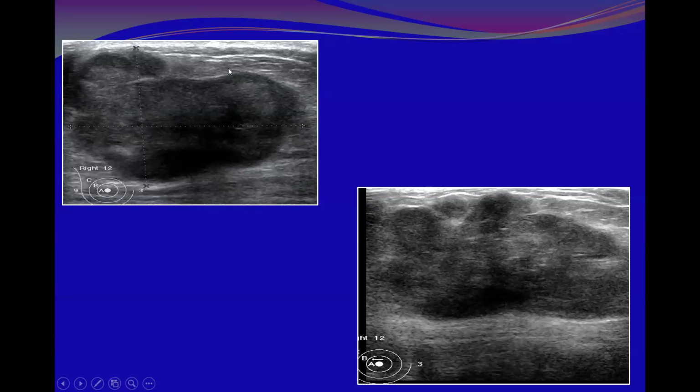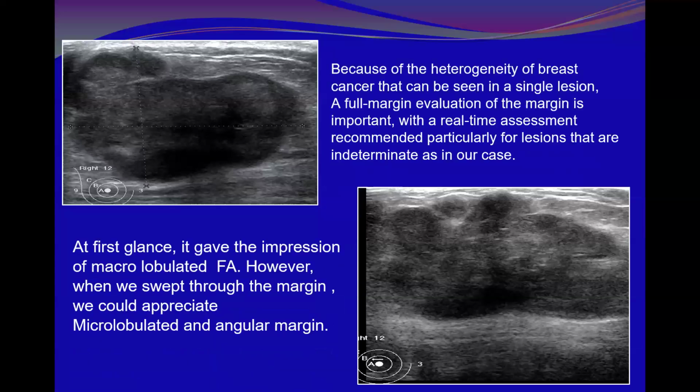I could not see a pseudocapsule. So when I angulate my probe and sweep throughout the margins, look for the undulations here. How many undulations do you see? And the margins are not very sharp, not very clear.